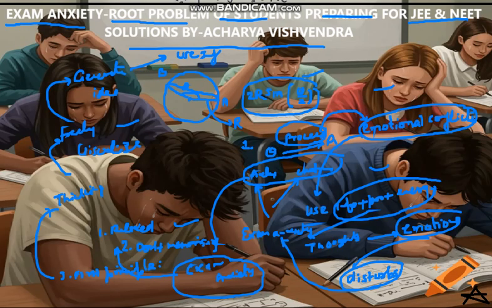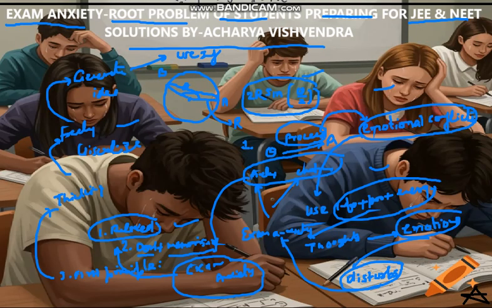So I repeat, whenever you start solving a problem, the first thing that you have to do is to be relaxed for at least 5 seconds. Just read the question with a cool and calm mind. Then the second step is, don't try to use memory.